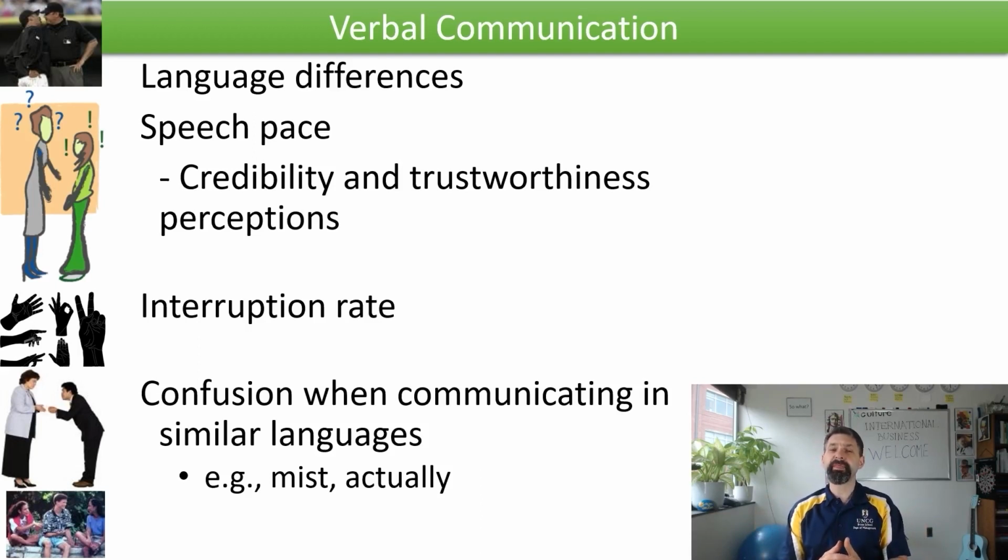But then there are some language-related or verbal communication patterns that are still different that may lead to cross-cultural miscommunication, such as, for example, speech pace. So in some cultures, people speak faster. In others, people speak slower. But it's not only the general speed of the speech, but how the pace of the speech is interpreted.